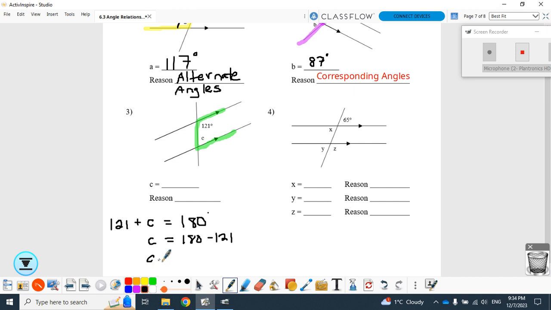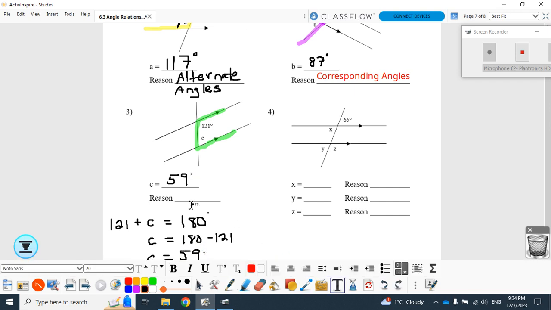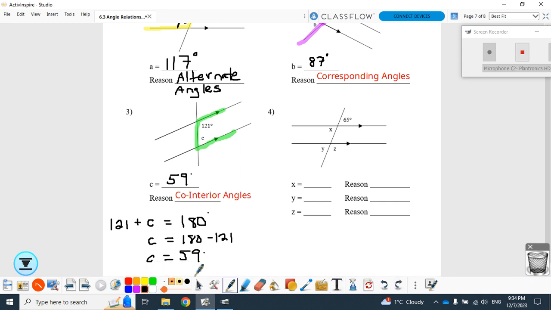And angle C, let me pull out a calculator here. 180 minus 121 equals 59 degrees. So we'll say angle C is 59 degrees. And the reason is co-interior angles. Or maybe you're thinking C pattern. Yeah? Okay. This one got tough.